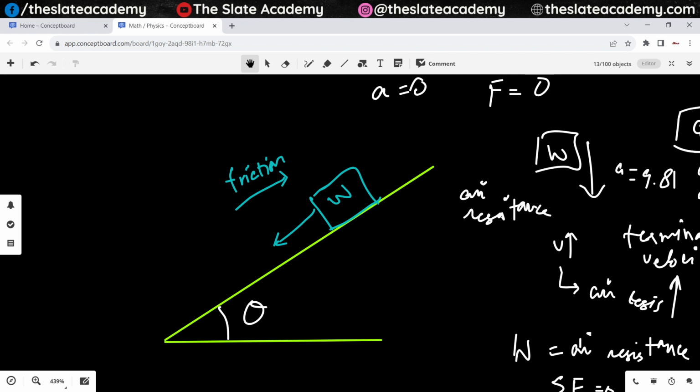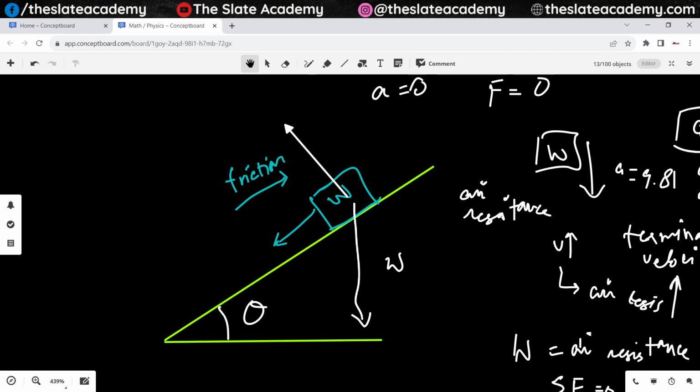So let's see how the weight of the box would act. Weight of the box would act in this direction. The normal contact force would be perpendicular to the surface on which the box is lying, so the contact force would be in this direction.